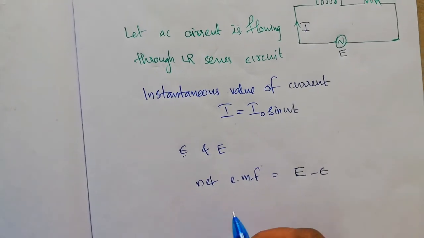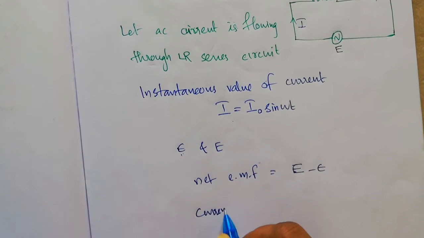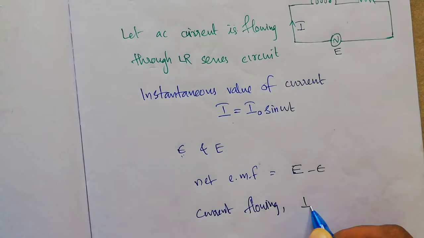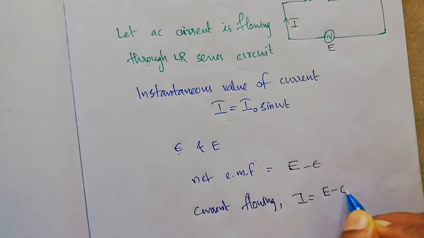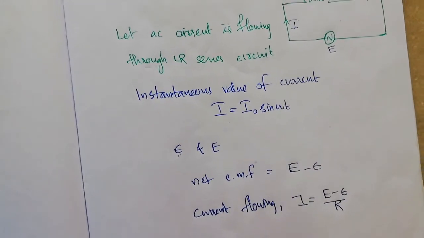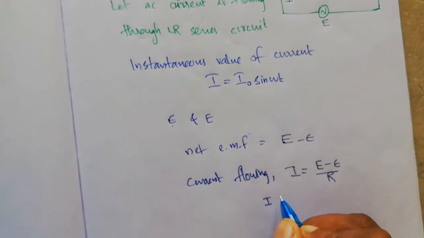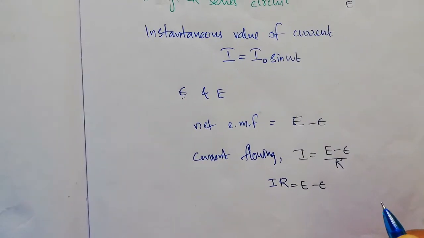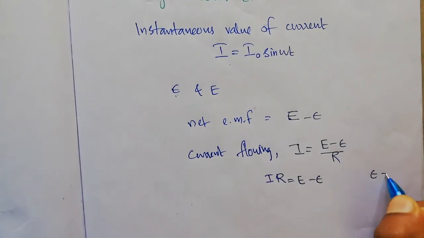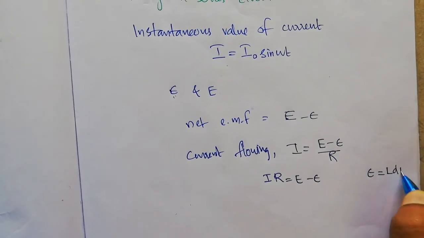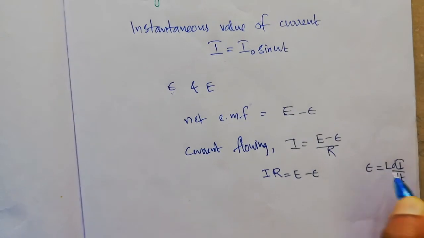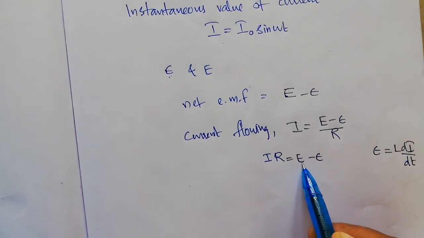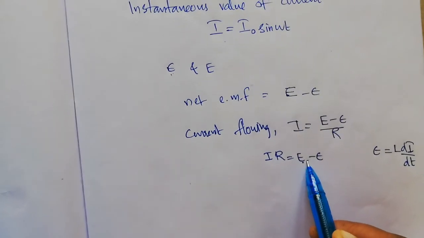That is, the current flowing I is equal to E minus e by R. That is, we can write it as IR is equal to E minus e. And also we know the self-induced EMF e is equal to L di by dt. Here we are not considering the sign of the self-inductance, because we already considered it is opposing the applied EMF, and here we have given it the negative direction.